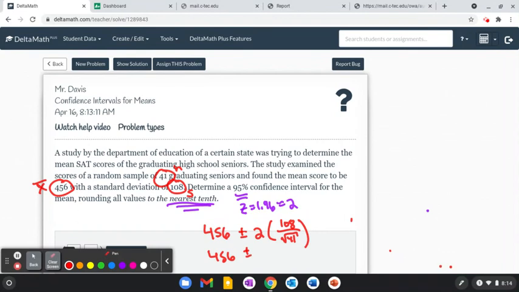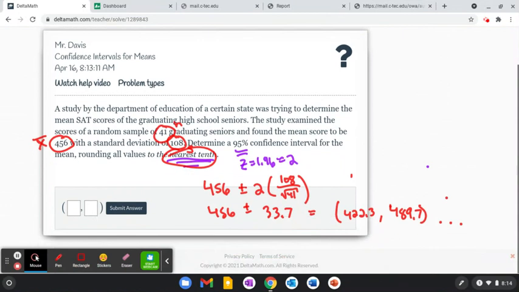And we get 33.73, so it's just going to be 33.7 because we're rounding all values to the nearest tenth. Then we do 456 minus 33.7 to get 422.3, and 456 plus 33.7 to give us 489.7. And that will be our answer.